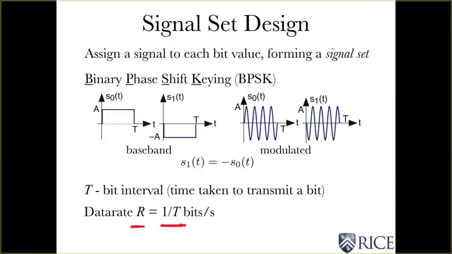So if you have a 1 megabit per second transmission rate, that corresponds to a time of 1 microsecond. 1 microsecond has been used for each bit. So there's a direct relationship here, and we'll see this has important consequences in just a second.